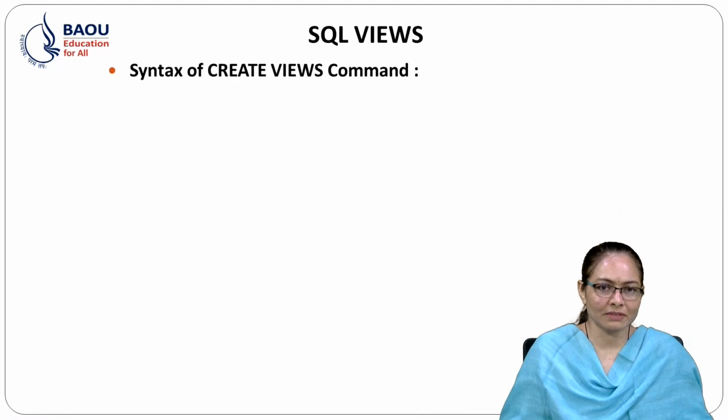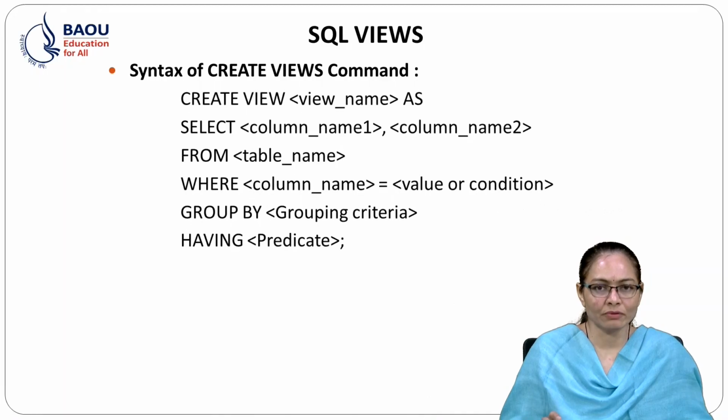See the syntax of the CREATE VIEW command. Create view, then view name, as select column name 1, column name 2, up to column name n from table name, where column name is equal to a value or a condition, then group by and having conditions.